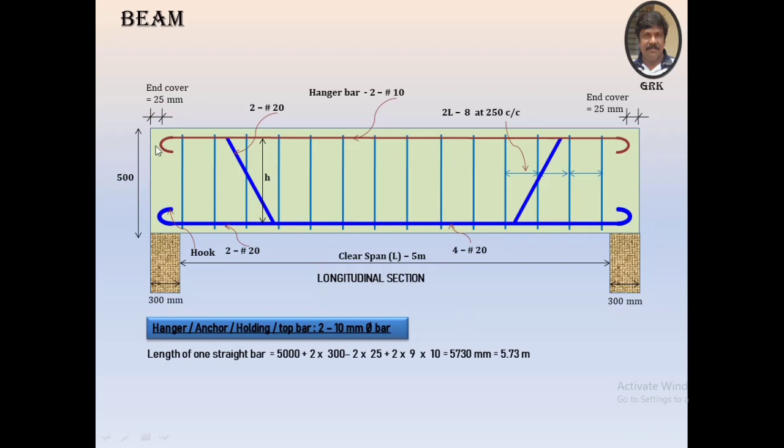Now let us estimate the length of one straight bar in the same manner as it was estimated for the bottom reinforcement. It is equal to clear span plus same bearing minus 2 end covers plus 2 hooks.